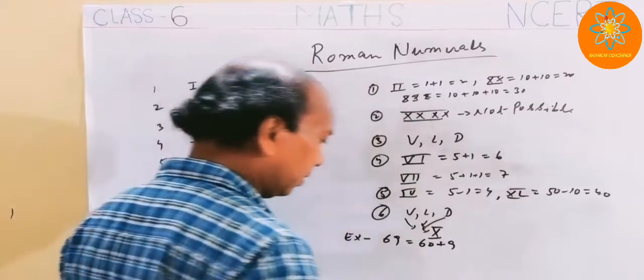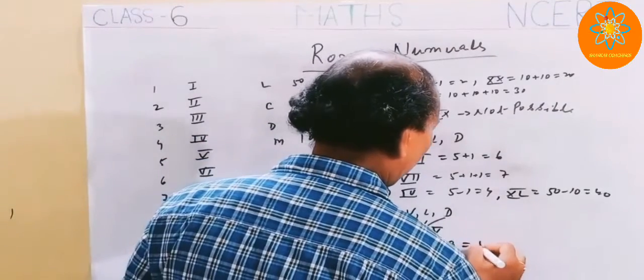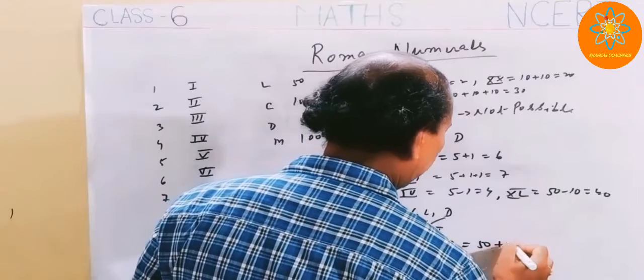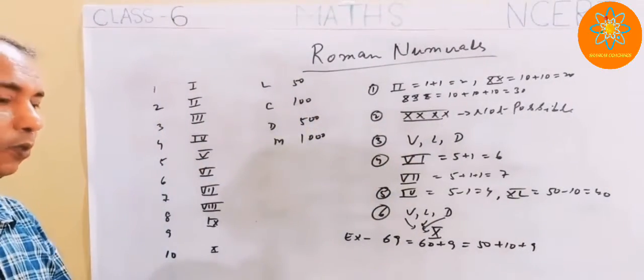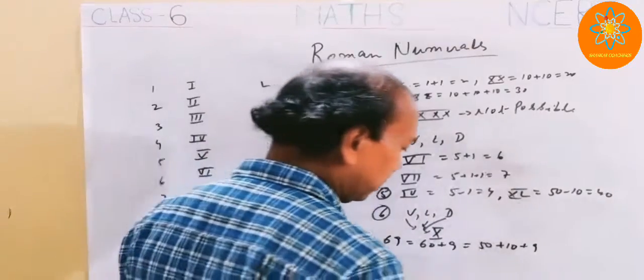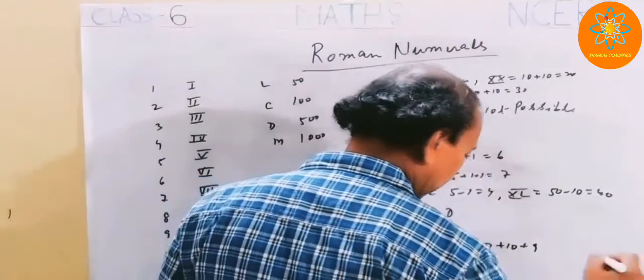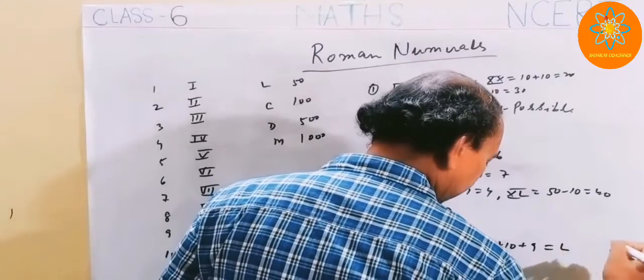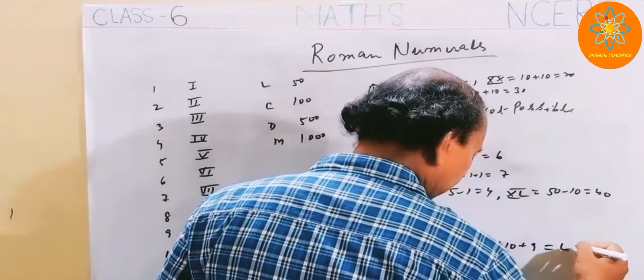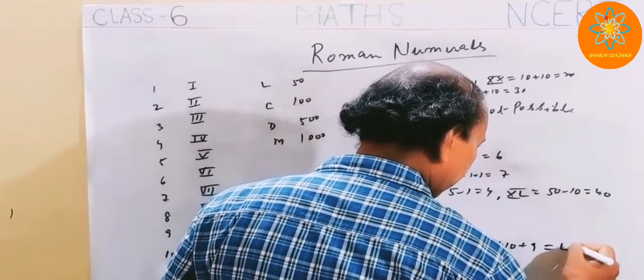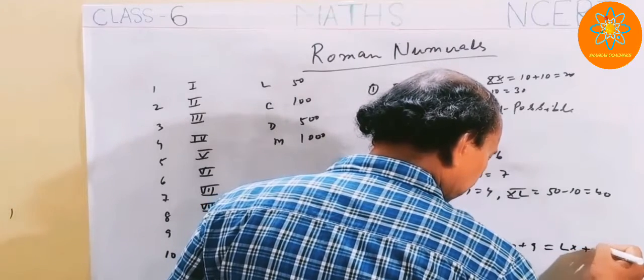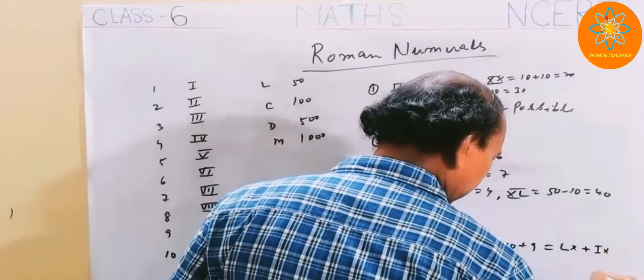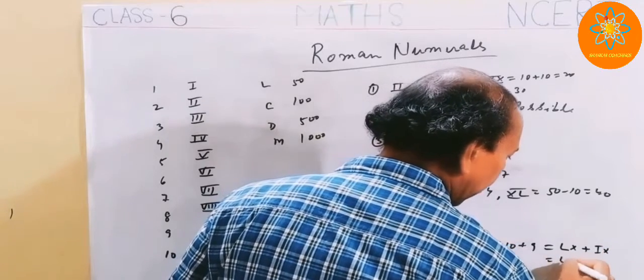I can break 60 again into 50 plus 10, so it is 50 plus 10 plus 9. I can break it in this way. So I can write it easily as 50, that is L, then X, plus 9, which is equal to LXIX.